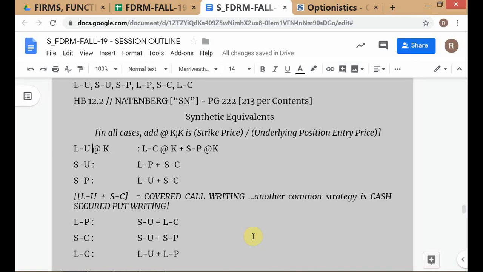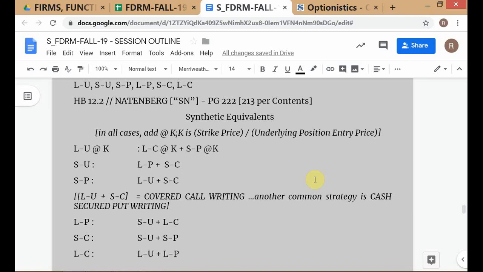This is why in finance we worry about synthetic equivalents, because we are always monitoring. As I said, whatever we're discussing in the class, your education is not complete. You have to go beyond this and do the readings that I'm telling you to do.